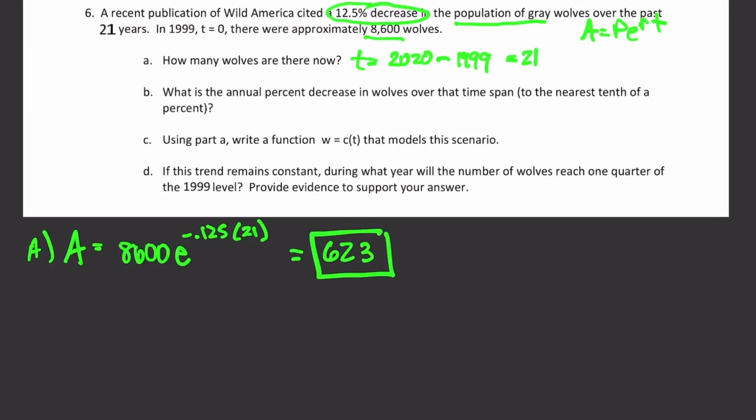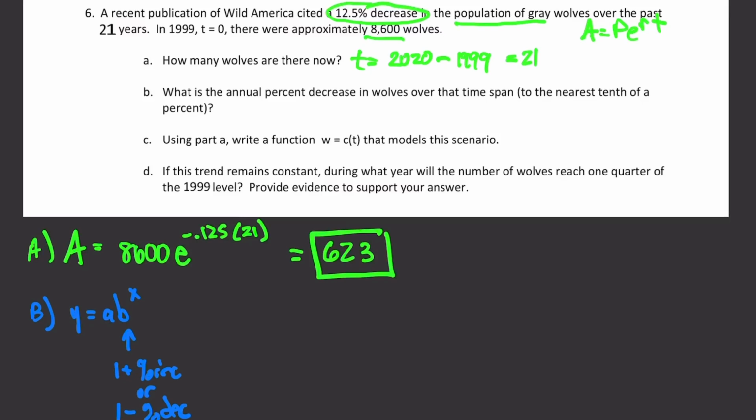Okay, so part B. It says, what is the annual percent increase in wolves over that time span to the nearest tenth of a percent? So for this, what we need to do is model this after our basic exponential function, like y equals ab to the x. And this b represents either 1 plus your percent increase, or if it's a decrease situation, it represents 1 minus the percent decrease.